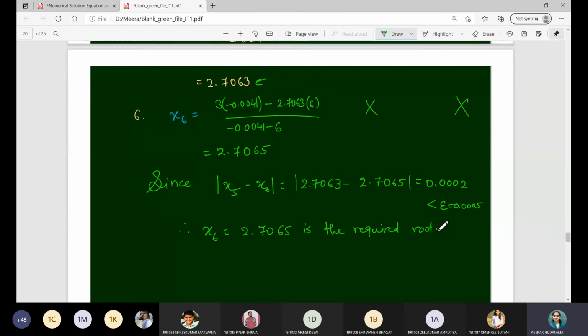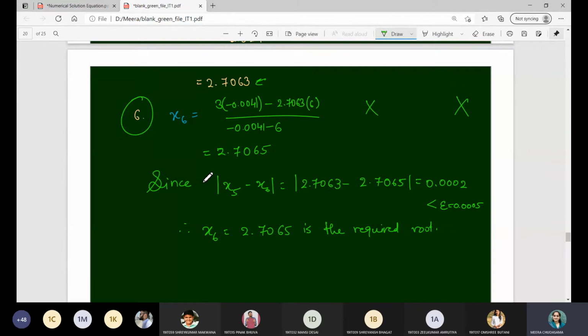Right. So from this example, all of you have a clear-cut idea about the regula falsi method. Meanwhile, let us observe one thing. Here in this example, you are asked to find the root correct to 3 decimal places, and in the 6th iteration only we are getting the value correct to 3 decimal places.